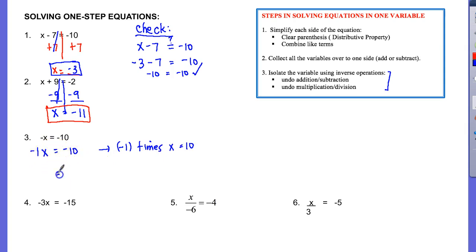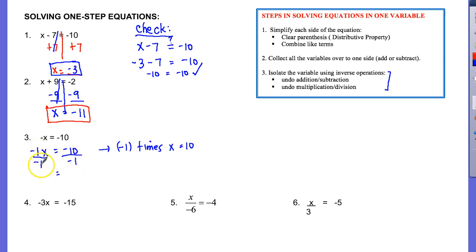So again, you want x to be by itself. You have to get rid of that negative 1. How do you get rid of negative 1? Well, you do inverse operation. Right now, you are multiplying negative 1 and x. So to get rid of negative 1, you will undo multiplication, in which case you will divide both sides by negative 1.